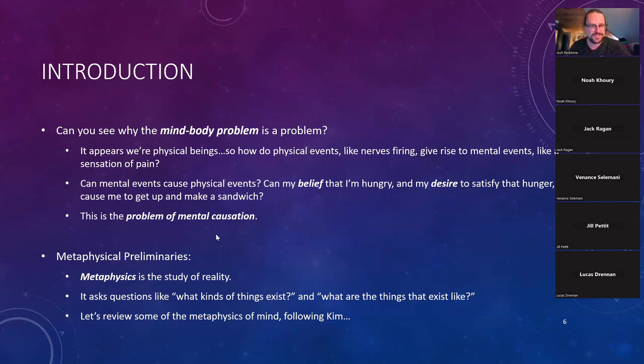What is metaphysics? Metaphysics is the study of reality. The word metaphysics comes from Aristotle, all the way back in the day. Aristotle, 2,200 years ago, wrote a book about nature called The Physics. Our word physics comes from the ancient Greek physis, which just means nature. So Aristotle's book, The Physics, was about the natural world.